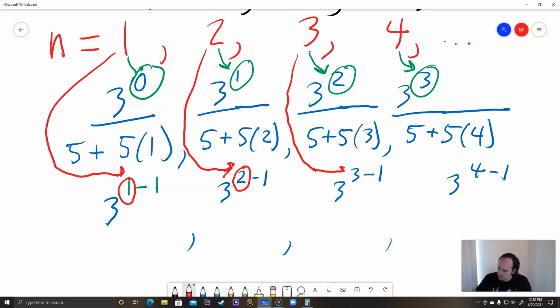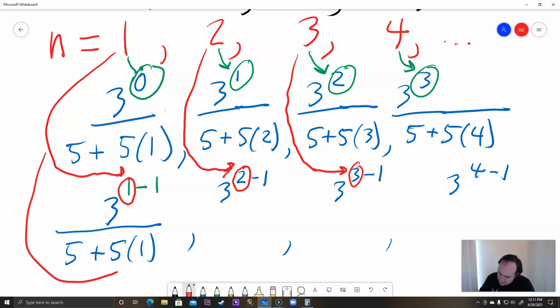3, and so forth. And then also our denominator, we don't have to worry about it too much because it's already written in a form that we need. So in the denominator we have 5 plus 5 times 1. Well, there we can see we're plugging in 1 right there. And then for the second term, in our denominator we have 5 plus 5 times 2.